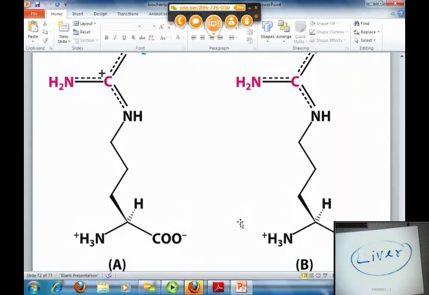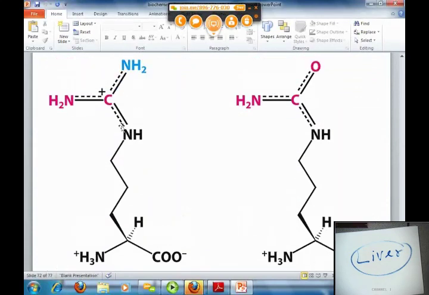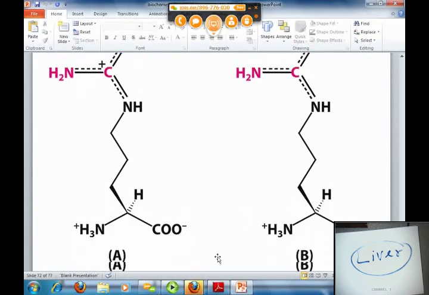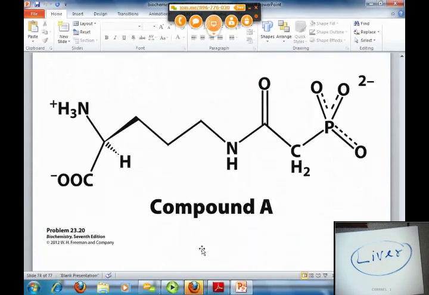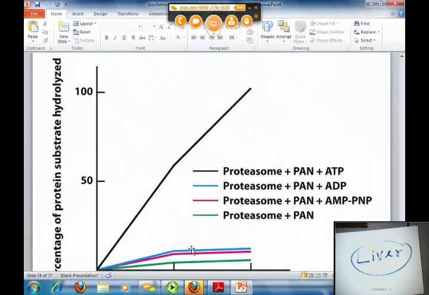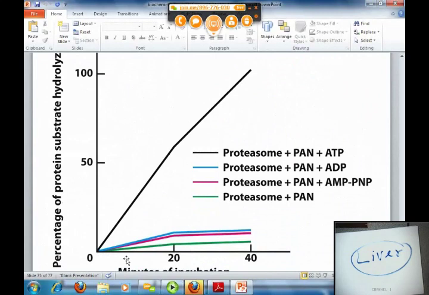And this is again the different structural identification here. Amino group, but there is no amino group here. A and B. And C, D, this reaction compound A. And how the proteasome inhibition is a different step, where ATP is required.